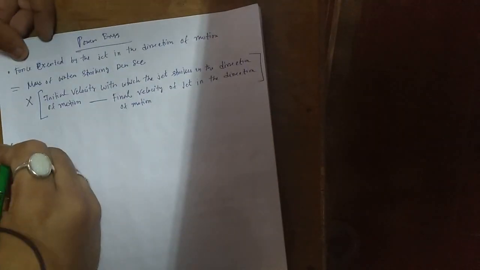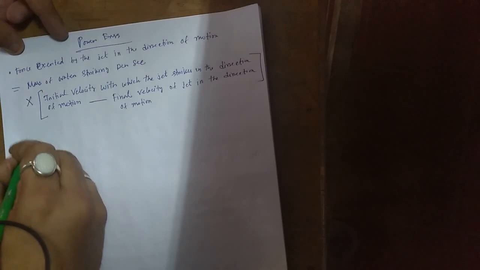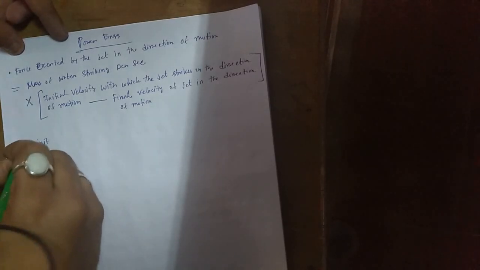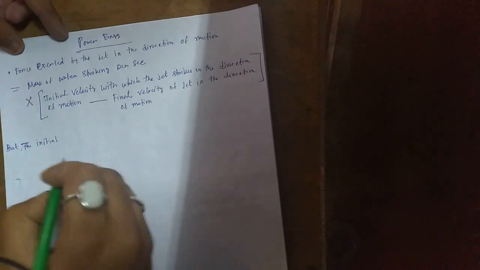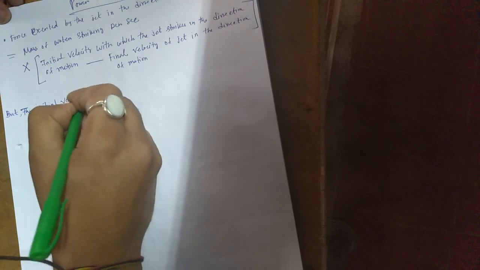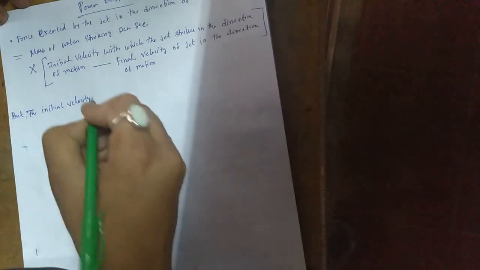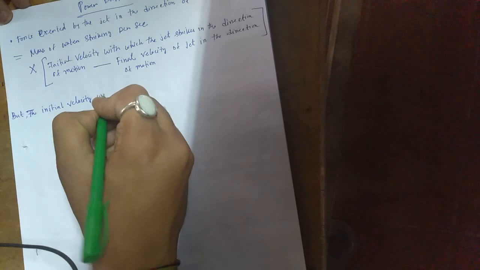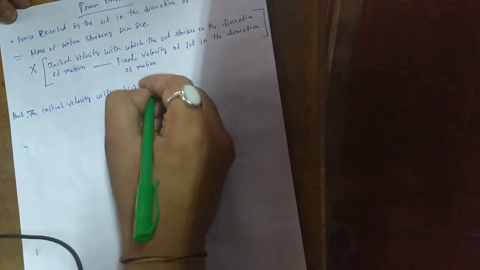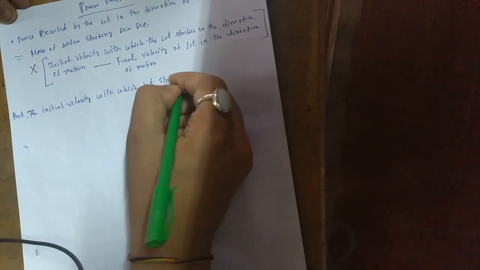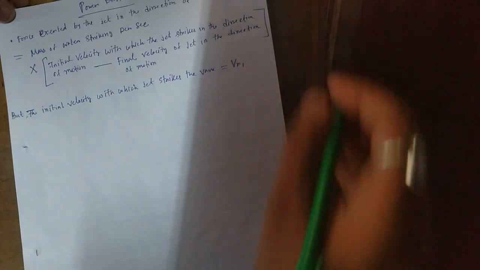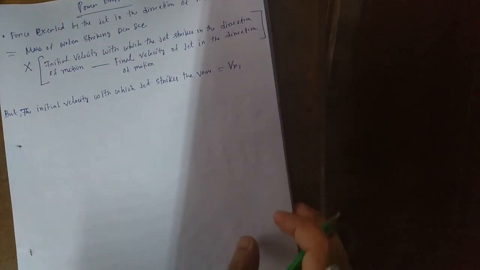Now the initial velocity with which the jet strikes the vane is VR1. Here we take the relative velocity.